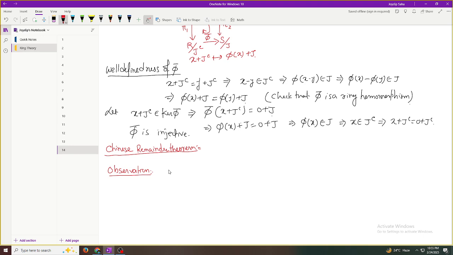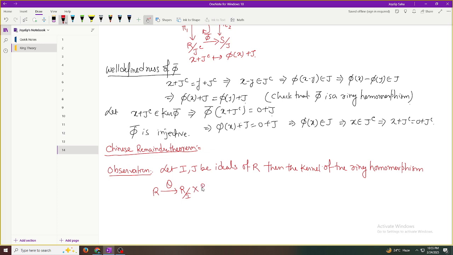Let I, J be ideals of R. Then the kernel of the ring homomorphism theta is I intersection J.